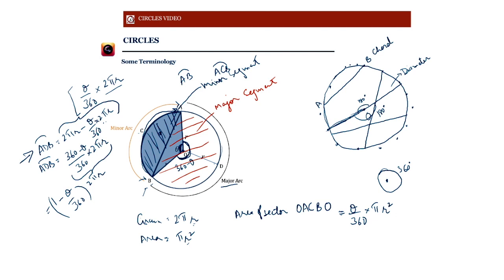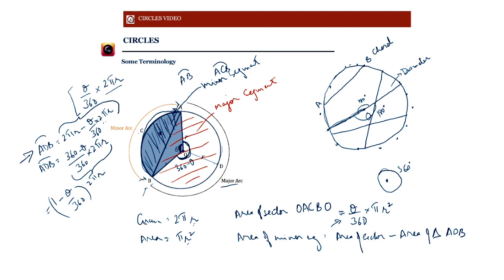So we could be asked about the area of the minor segment also. So what is the area of just this? We know the area of the sector. The sector is that blue shaded area. But if we need the area of only the minor segment, what will we do? We say the area of the minor segment will be equal to the area of the sector, which we found using the formula above, minus the area of the triangle, which is triangle AOB.